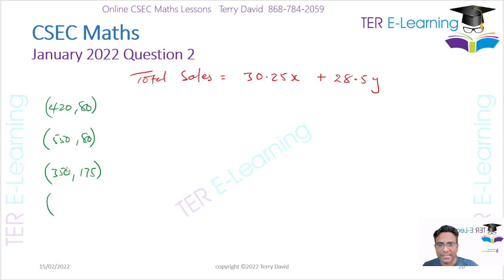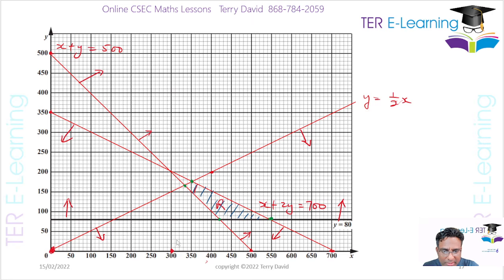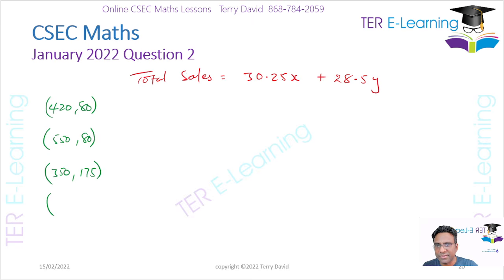So basically, I need to plug all of that information into my equation. Hold on, I just realized I didn't write down the coordinates again. So that's 335, 165.